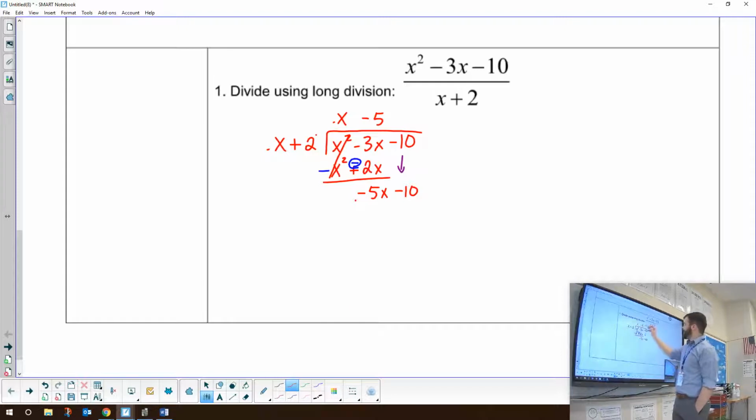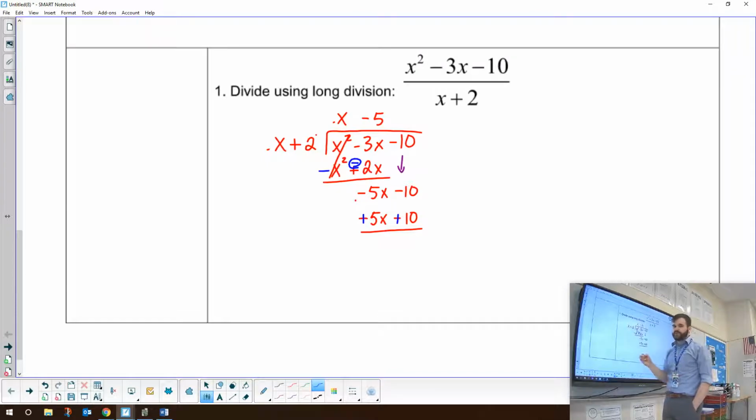So I'm going to go negative 5 times x is negative 5x. Negative 5 times 2 is negative 10. Notice I did not want it to equal plus 5 because we're going to change it whenever I subtract. So I'm going to change this to a plus, and I'm going to change this to a plus.